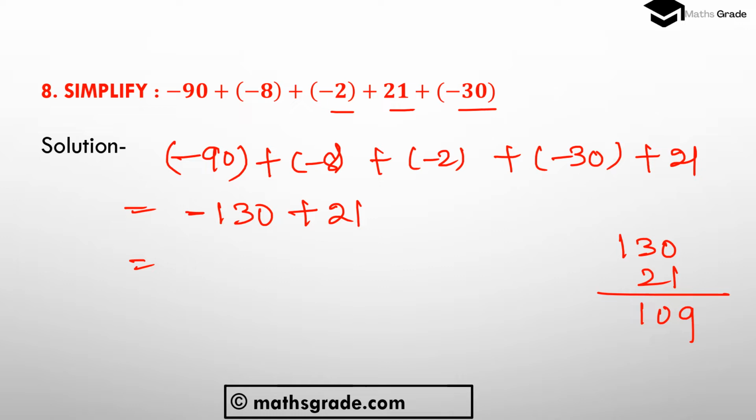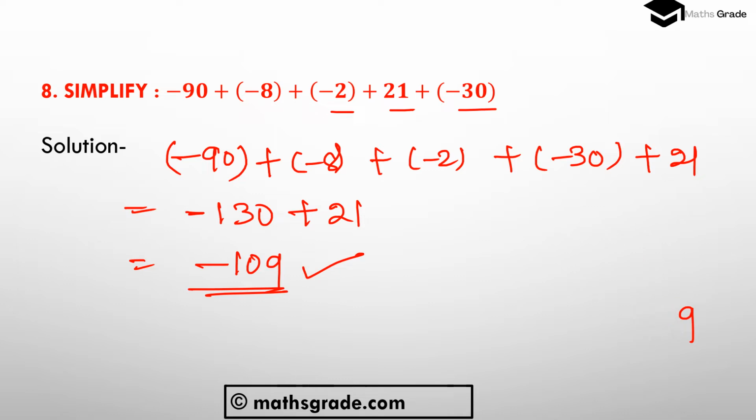The bigger integer is 130, which is negative, so put the minus sign before 109. Now the answer is minus 109. So minus 90 plus minus 8 plus minus 2 plus 21 plus minus 30 is equal to minus 109.